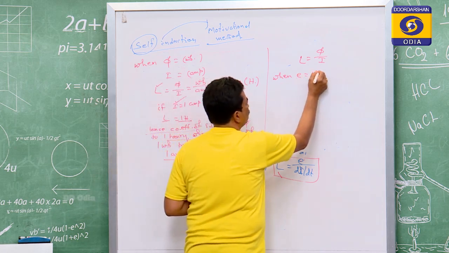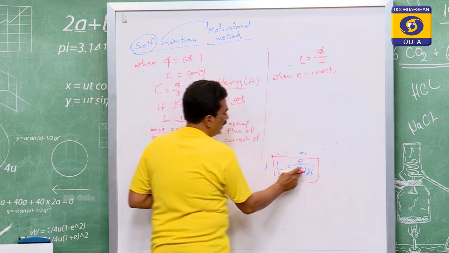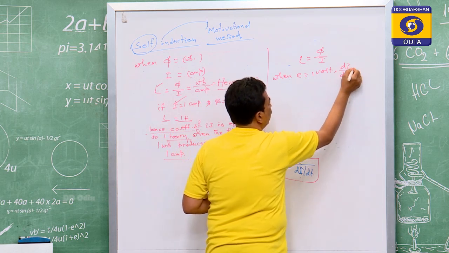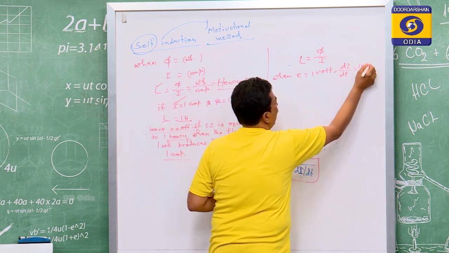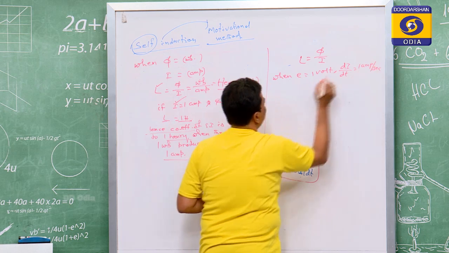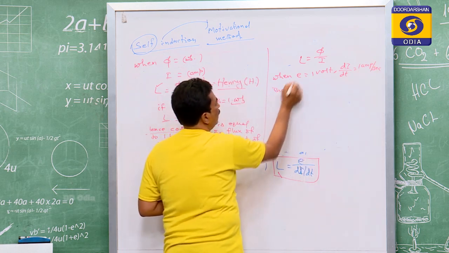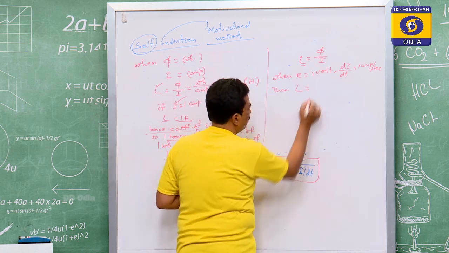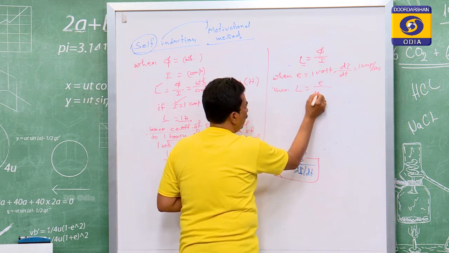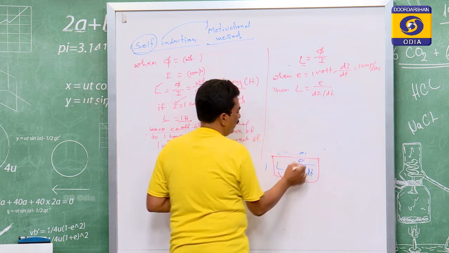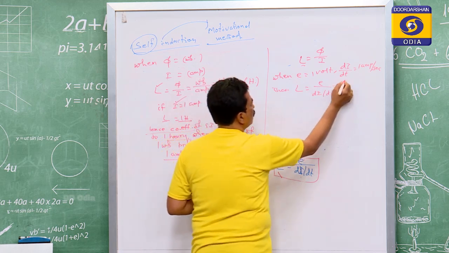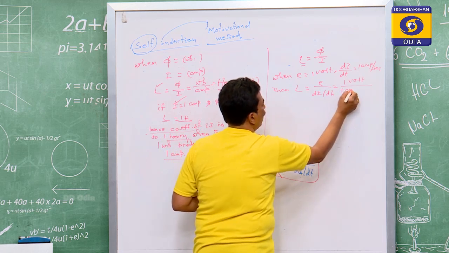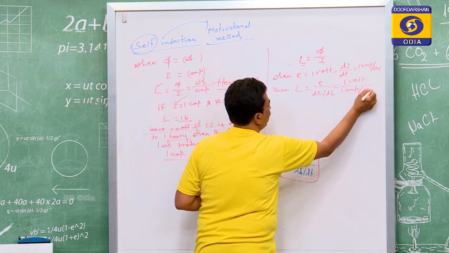If E is equal to 1 volt, and di by dt is 1 ampere per second, then L will be E by di by dt, that is 1 volt by 1 ampere per second.